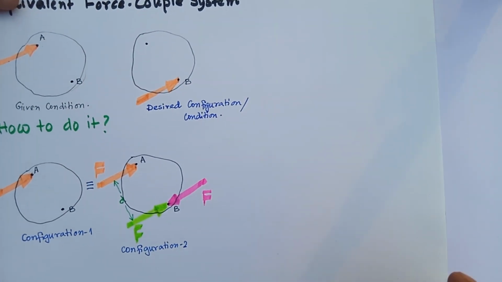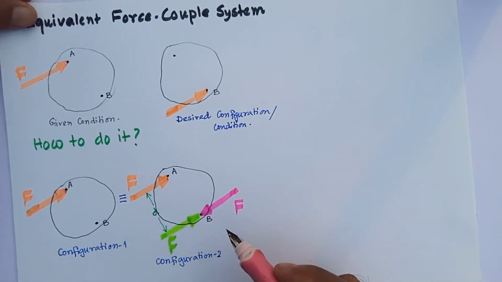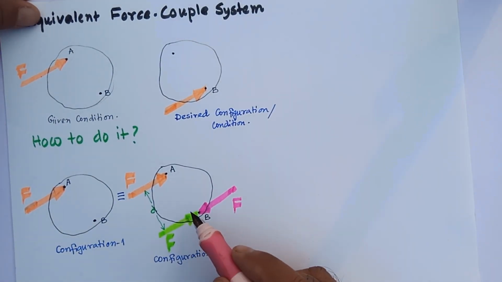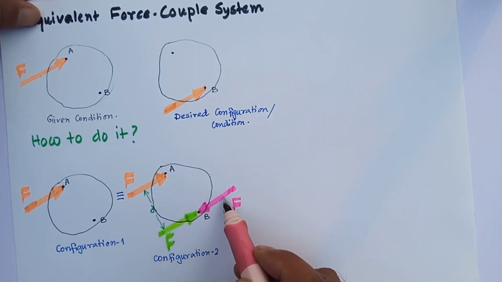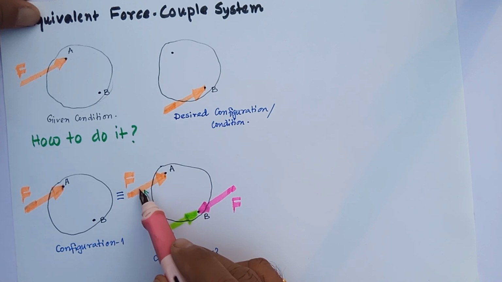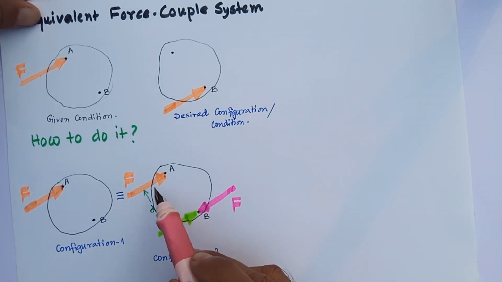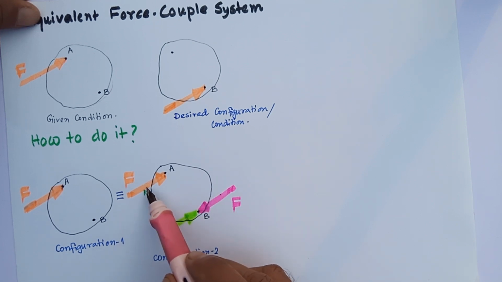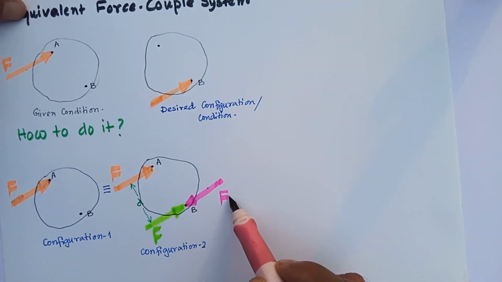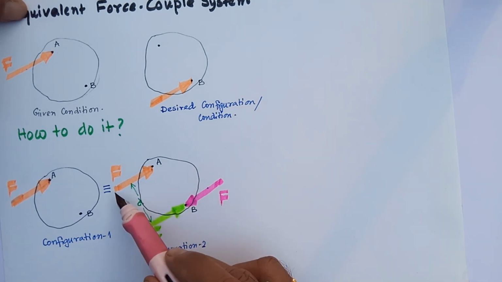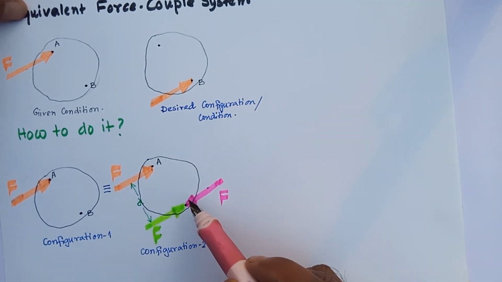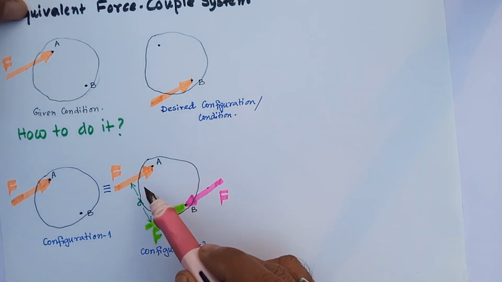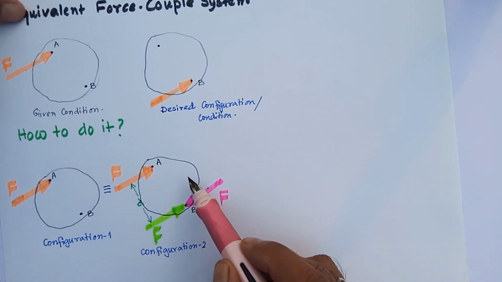Therefore, what I will do is keep this force and convert this with a couple, because you see that these two are constituting a couple. Couple means a set of two forces equal, opposite and non-collinear. They are equal, F is the same as F, opposite, this is in this direction, this is in the opposite direction, and non-collinear, so they will form a couple.